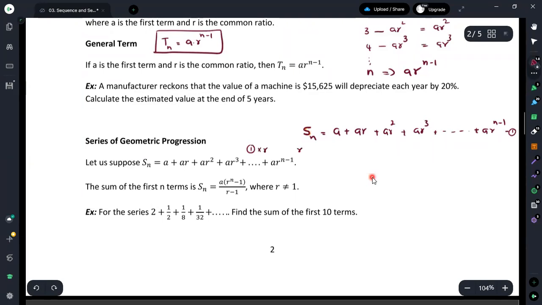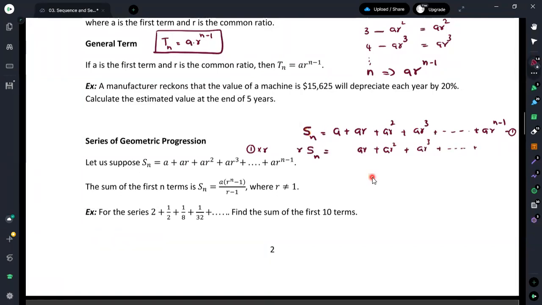Therefore, we get r times Sn: the first term multiplied with r gives a times r, then the second term multiplied with r gives ar squared, then ar cube. Likewise, multiplying the term prior to the last gives ar to the n minus 1, and multiplying the last term gives ar to the power n.